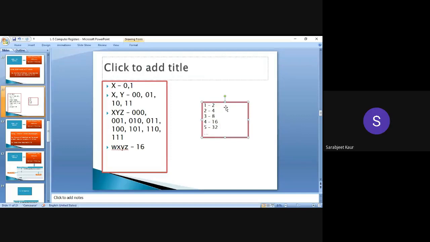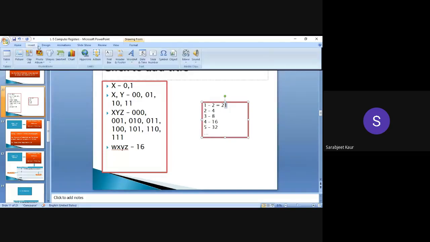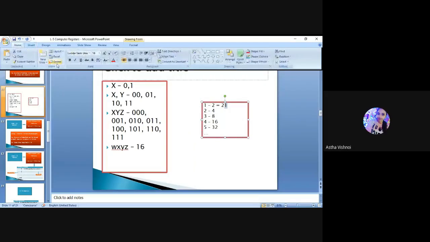What is this 2 actually? Can I look at it as 2 raised to the power of 1? Yes or no, students? Yes, ma'am.